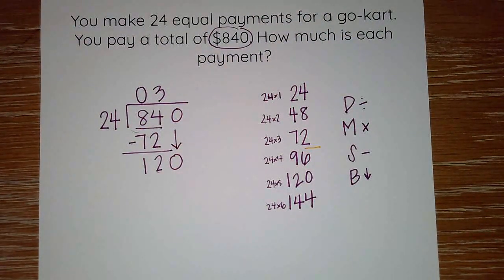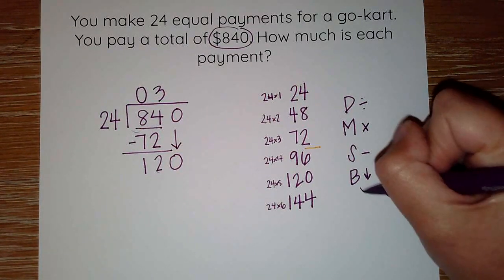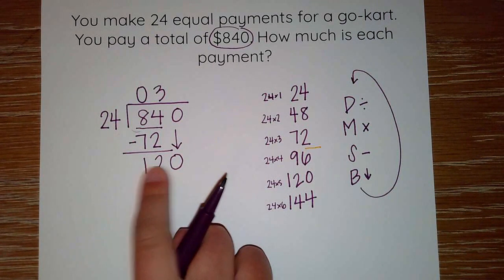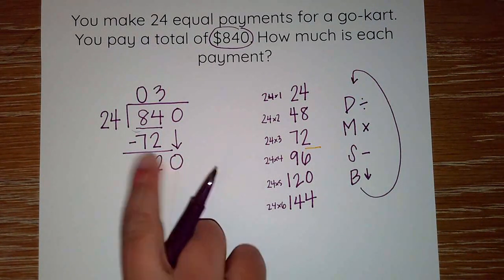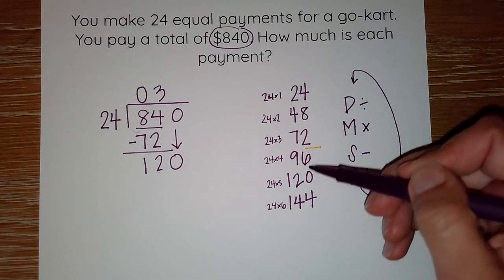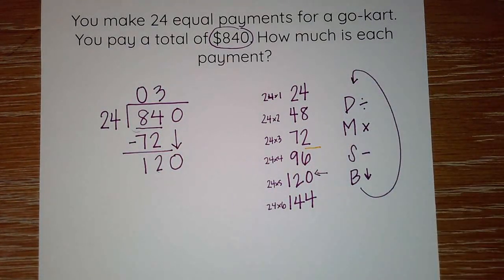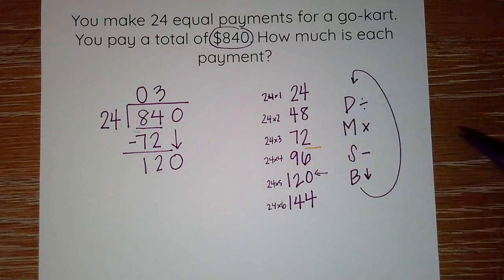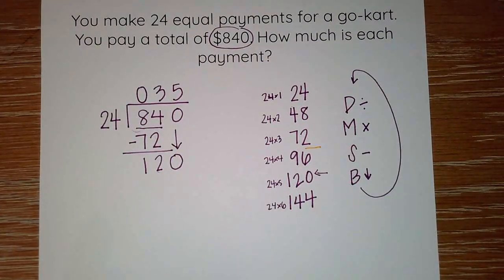Now I go back up to the top and I start from the beginning. I have a new number here. How many times does 24 go into 120? Well, I look, and I have 120 this time. So I know it goes in 1, 2, 3, 4, 5 full times with none left over.